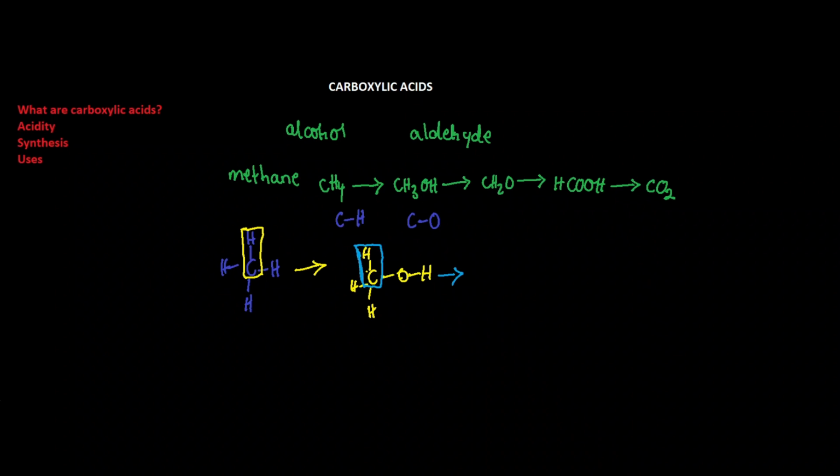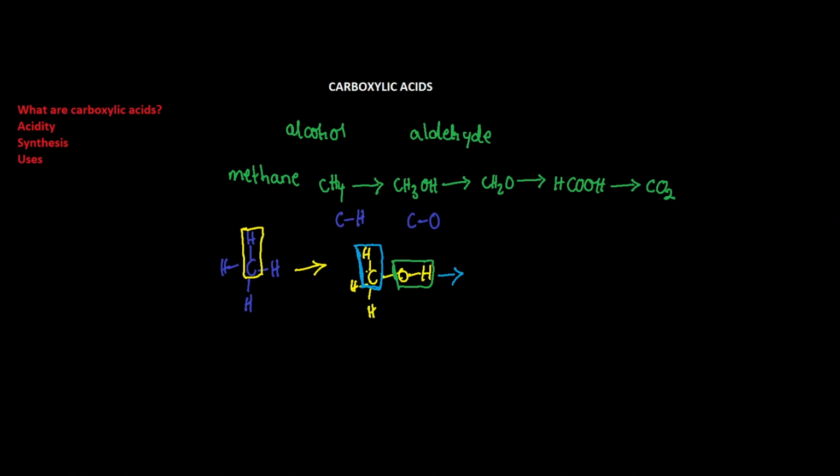Okay, now in order for this bond to be replaced by a carbon-oxygen bond, the bond between oxygen and hydrogen also has to be broken. So oxygen has to break its bond with hydrogen in order to form a double bond with carbon.